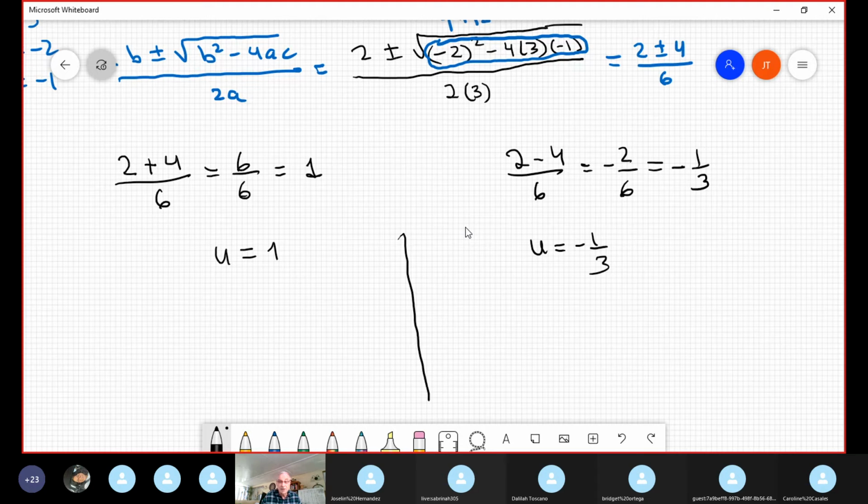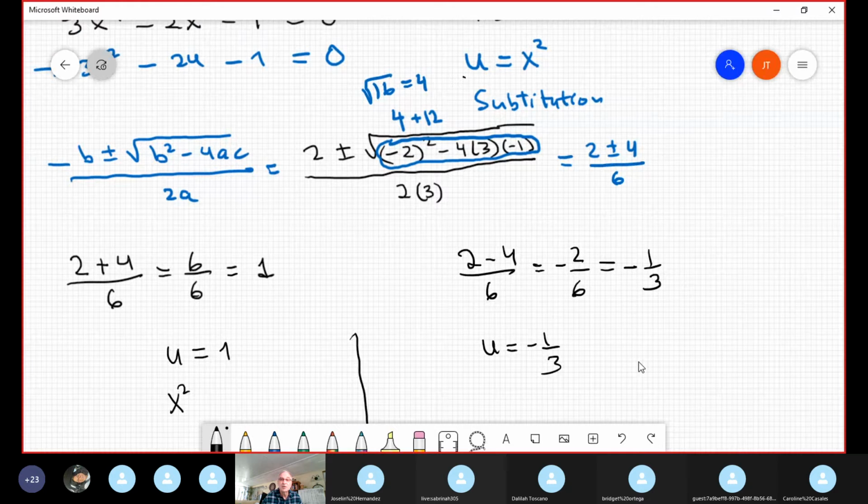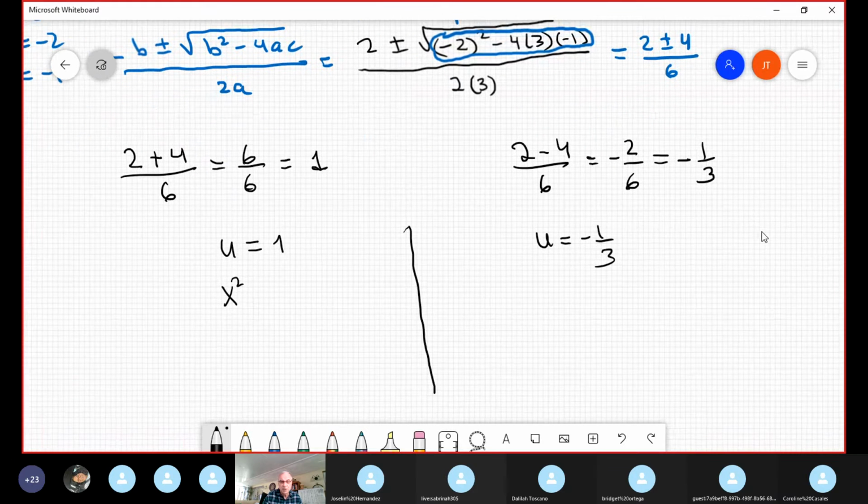But I need to find not the u value. I need to find the x value. The relationship between u and x is x squared. Remember the substitution I did before. Look here. This is the formula that states the relationship between u and x. Okay, it's easy. So x squared equals 1, and x squared equals -1/3.